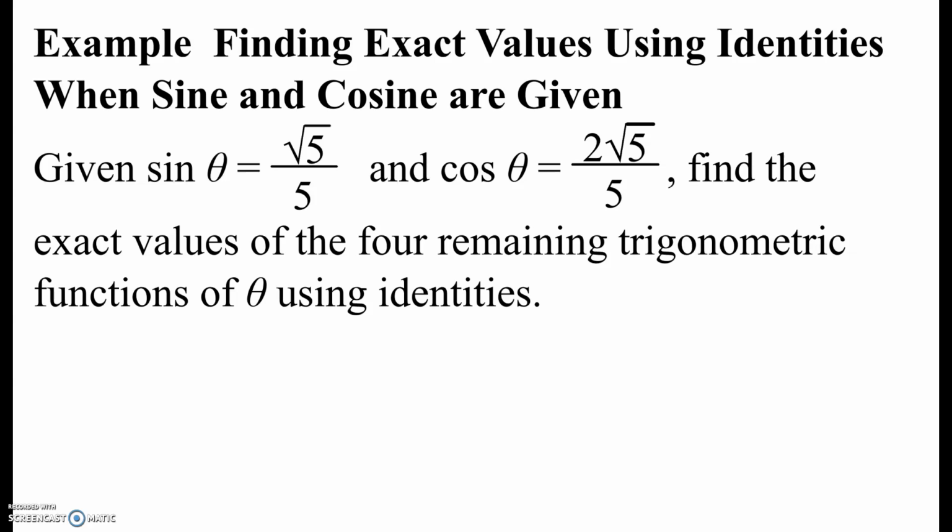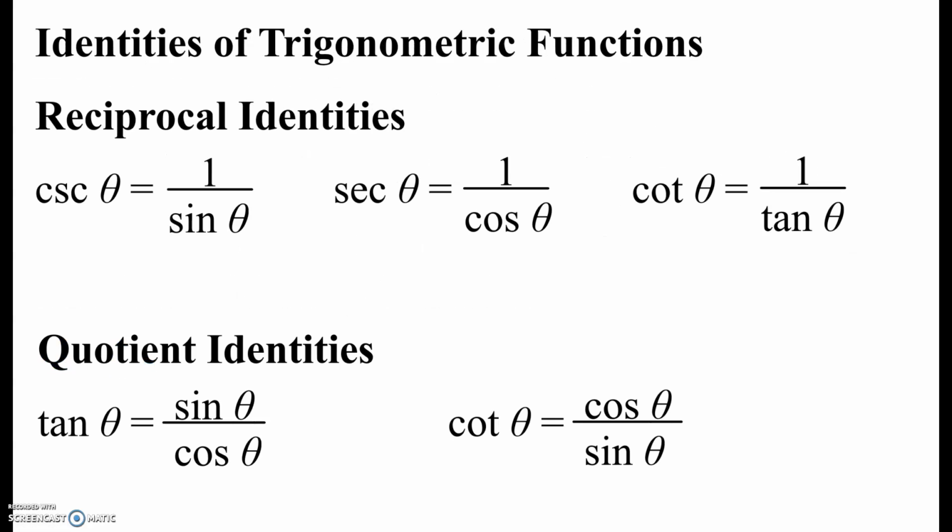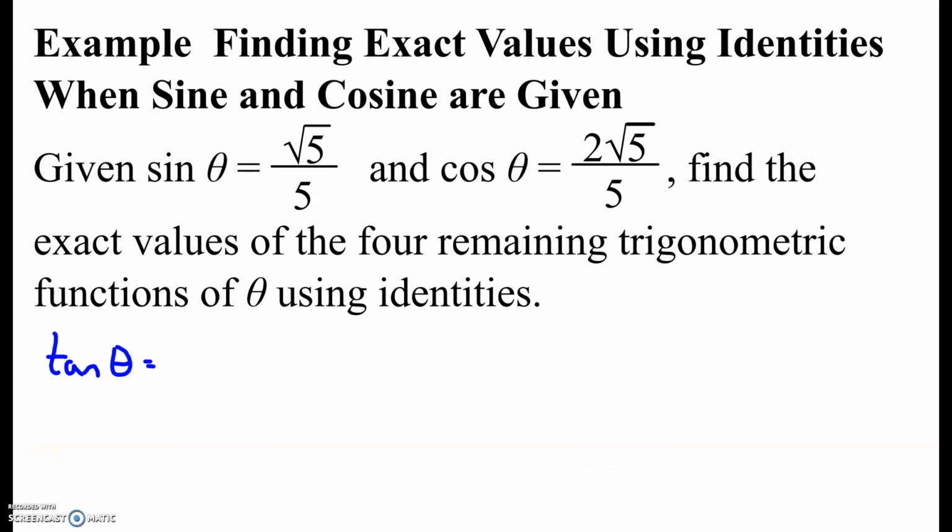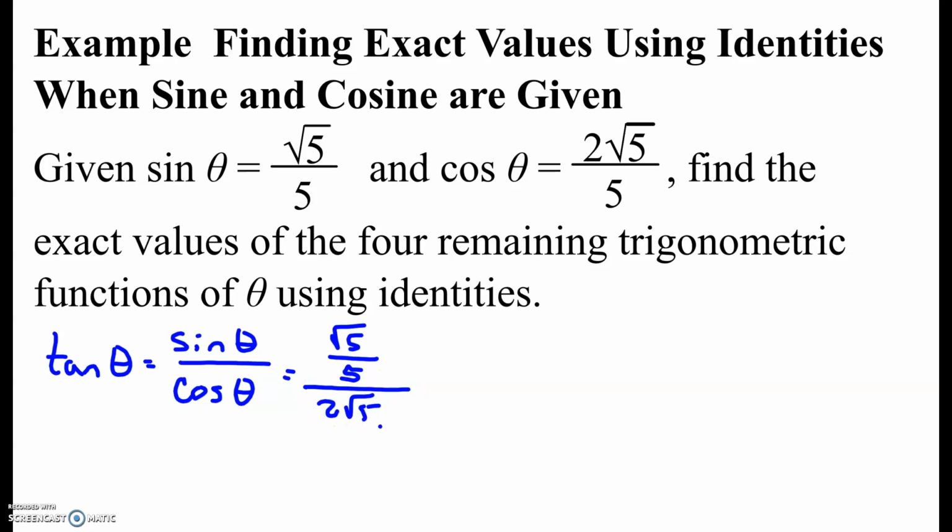Using the reciprocal identities and the quotient identities. For instance, to find tangent of theta, well, according to our property list, tangent theta is sine divided by cosine. So we'll take sine divided by cosine, or square root 5 over 5, divided by 2 square root 5 over 5.